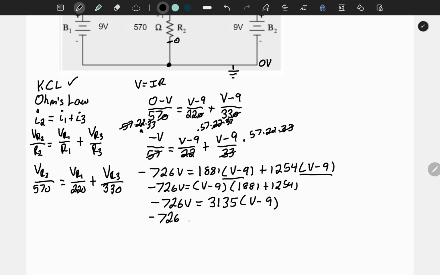Negative 726 V is equal to 3135 V minus 28215. Oh, I mixed up my numbers. Sorry about that. I distributed this outwards.